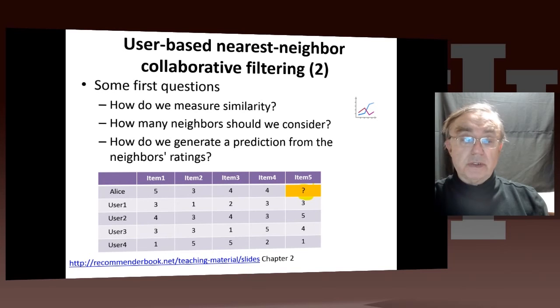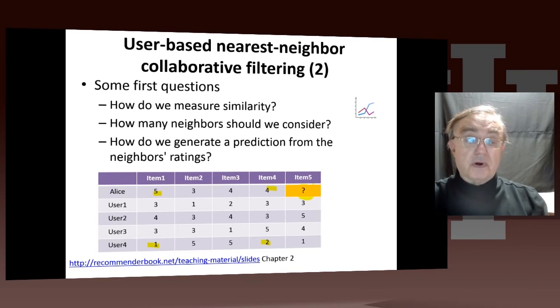But the first thing to do is to find out which users are similar to Alice, because some users will be pretty different from Alice. Like user 4 is pretty different from Alice, because user 4 dislikes item 1, which Alice loves, and user 4 is not very keen on item 4, which Alice loves.